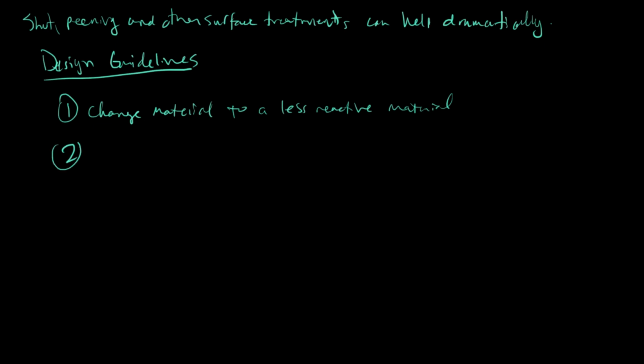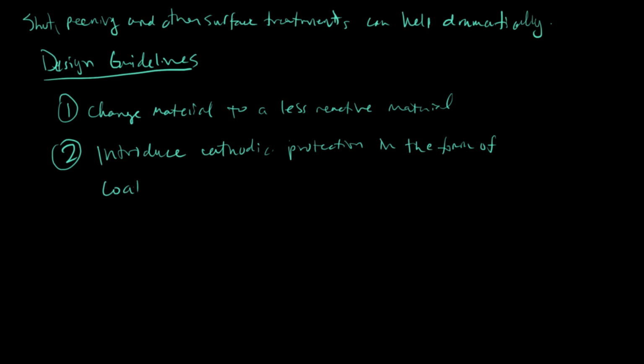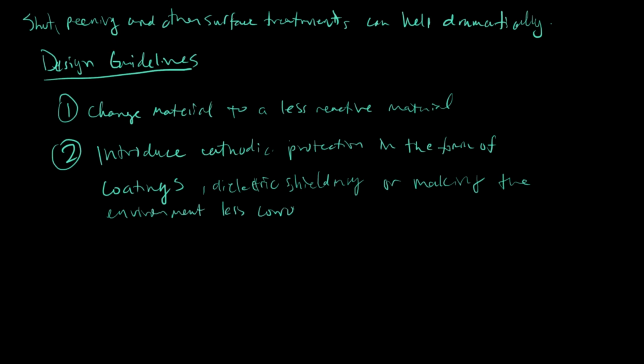You can introduce cathodic protection, in the form of coatings, dielectric shielding, or making the environment less corrosive.